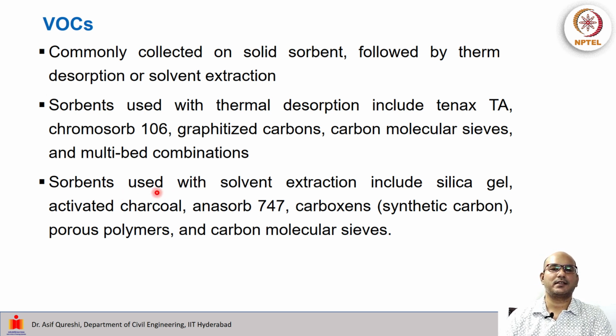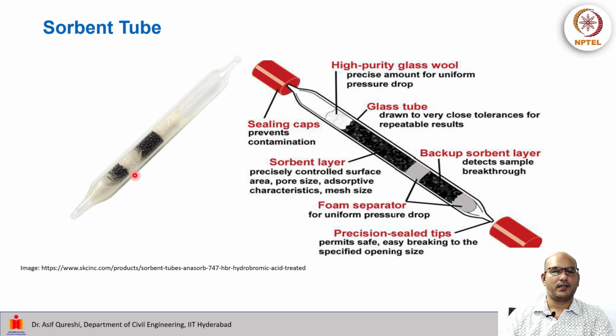The sorbents used with the solvent extraction method include silica gel, activated charcoal, Anasorb 747, Carboxens, which are basically synthetic carbon, porous polymers, and some carbon molecular sieves. This is how a sorbent tube will look.